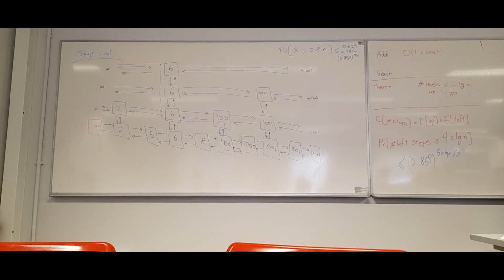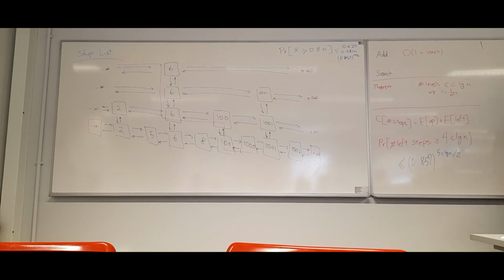Right? So, what did I prove? I proved that with high probability, the number of levels is at most c log n, and assuming that the number of levels is at most c log n, with high probability, the total number of steps that I take is at most 5c log n. Because I take c log n steps up and 4c log n steps to the left at most.